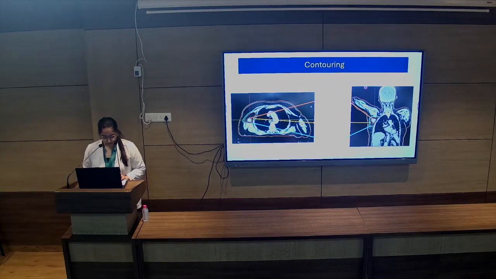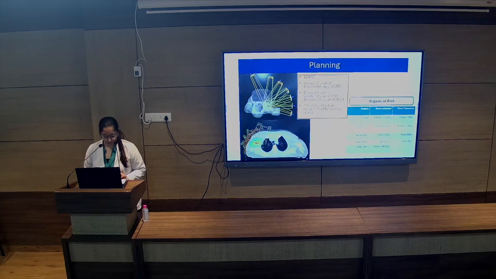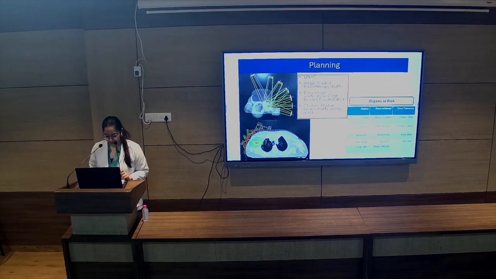On the scans obtained, we delineated the involved node and the axillary region. We planned the treatment on a linear TrueBeam accelerator using image-guided radiotherapy. 7 fields of 6 MV photons were used with daily cone beam CT verifications.